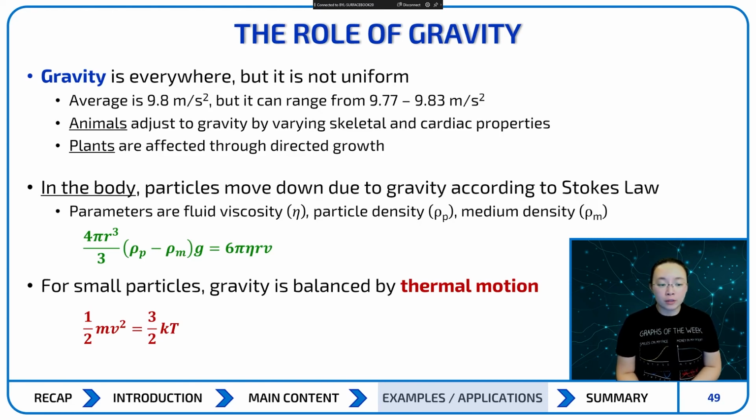Now for small particles, gravity is going to be balanced by thermal motion. By thermal motion, we have 1/2 mv squared equal to 3/2 kT, where k is Boltzmann's constant and T is temperature. This we won't focus on as much, but it is important to know that gravity isn't always uniform everywhere.